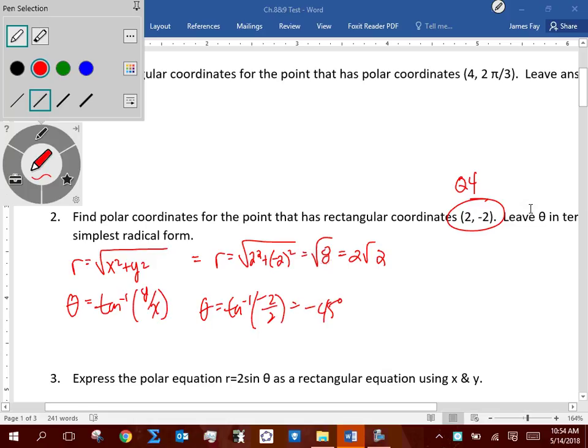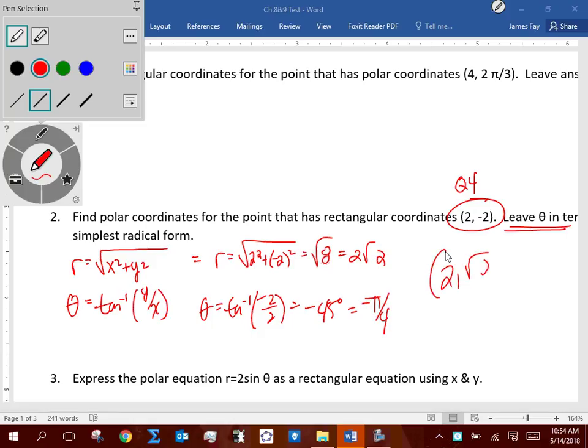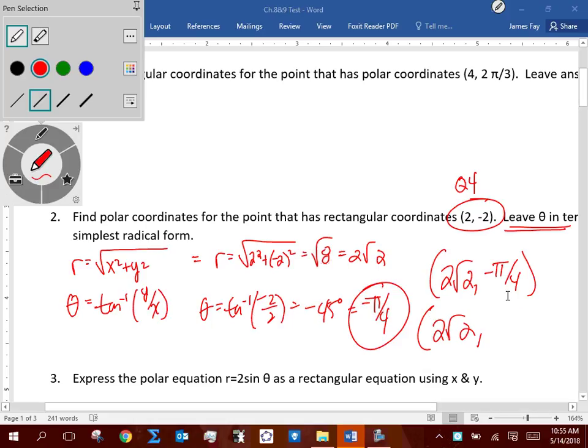Okay, which they want to leave in terms of pi, so this turns into negative π/4. So if you wrote it as (2 root 2, negative π/4), I gave you points for that, but most times when we have a negative theta, we like to make it positive, so we add 2π to that, and it gives us 7π/4. So either of those I gave full credit for.